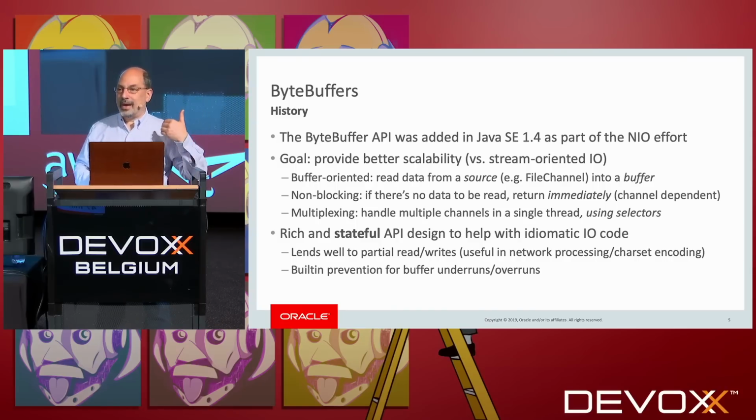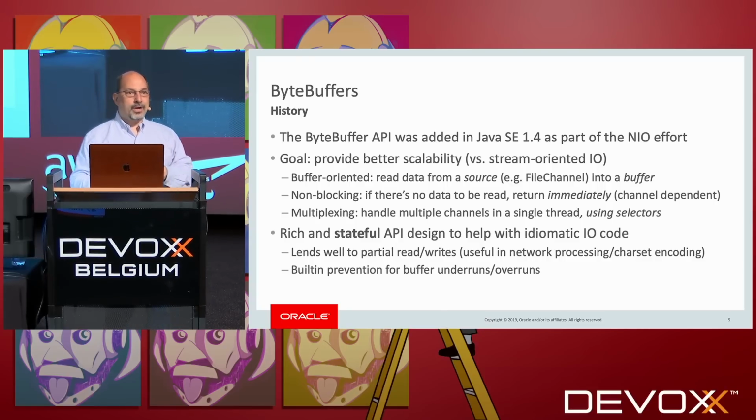And then when you get the buffer back, you can inspect it to see how much data was put into it. You can take data out of it, and it was designed around the use case of you don't necessarily know how much data your counterparty is going to put into the buffer. And so there's a protocol for switching between I'm filling up the buffer, I'm taking data out of the buffer, and handing it back and forth.